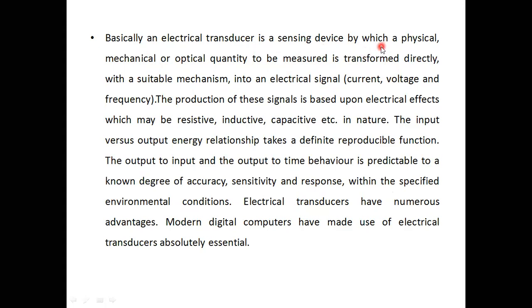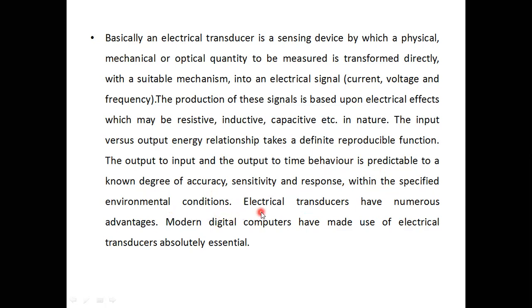The production of these signals is based upon electrical effects, which will be resistive, inductive, capacitive in nature, and we will see all these concepts in coming lectures. The input versus output energy relationship takes a different reproducible function. The output to input and output to time behavior is predictable to a known degree of accuracy, sensitivity, and response within the specified environmental conditions.